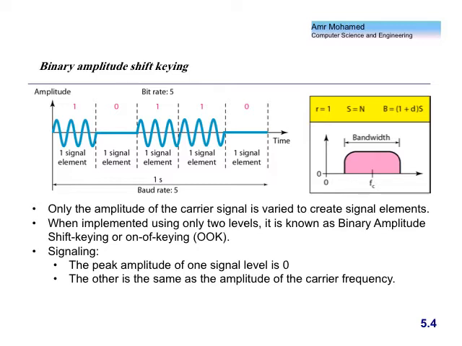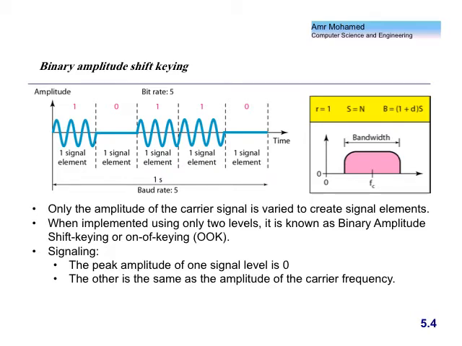And we'll interpret the 0 as a sine wave with amplitude 0. So this is what we call on-off keying. On-off means that if it's 1, I'm going to send a sine wave. If it's off, then I'm going to send 0, which is again a sine wave with amplitude 0.